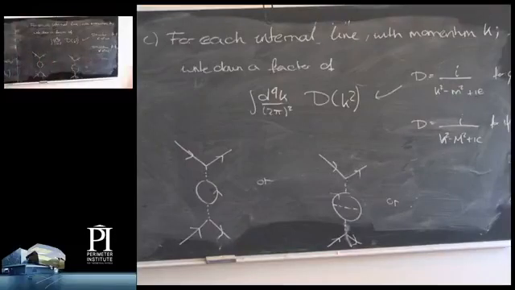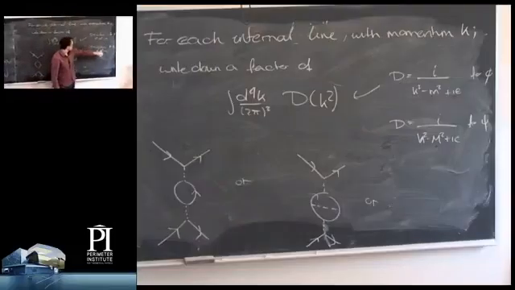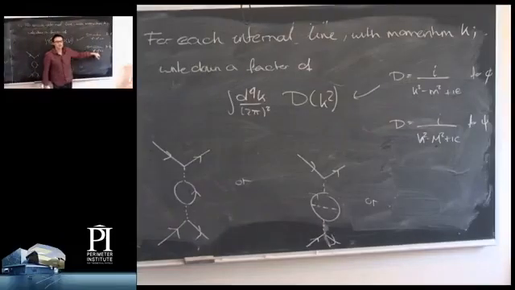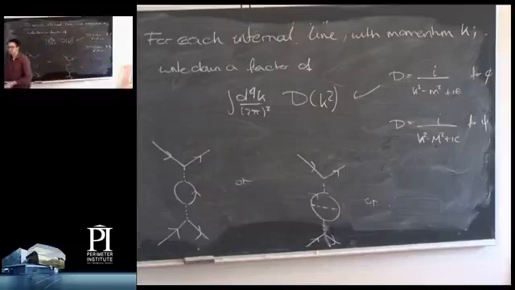The only difference between having a phi particle or psi particles, whether it's little m or big M, is the masses of the particles. Is this clear?